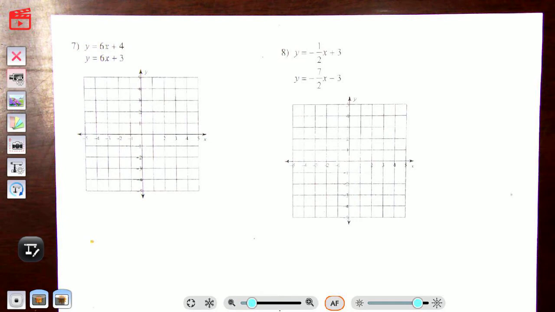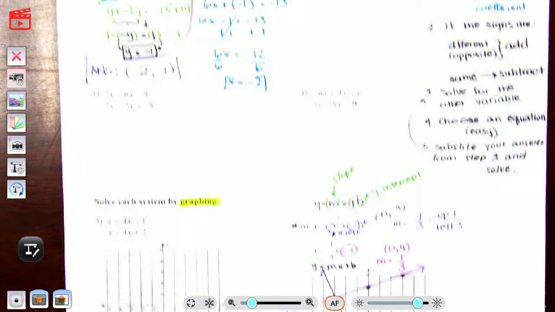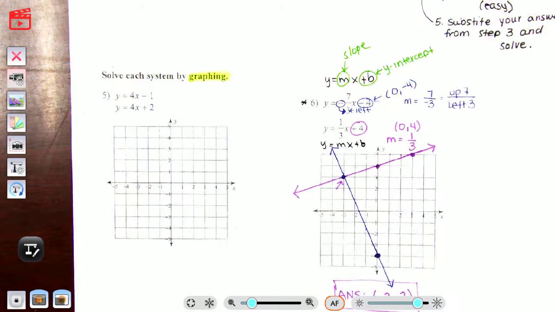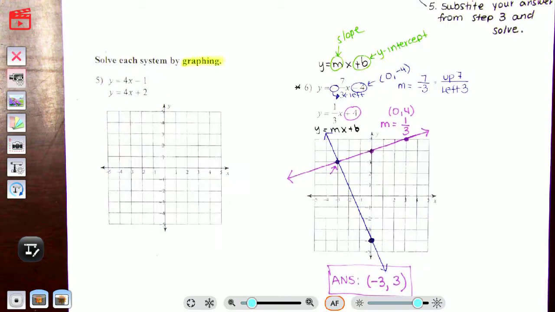These two are graphing. Pause the video, write the questions down, solve them. And then on the front page, we have questions 2, 3, and 4 for you to work on, and question number 5 for you to work on. All right, good luck.